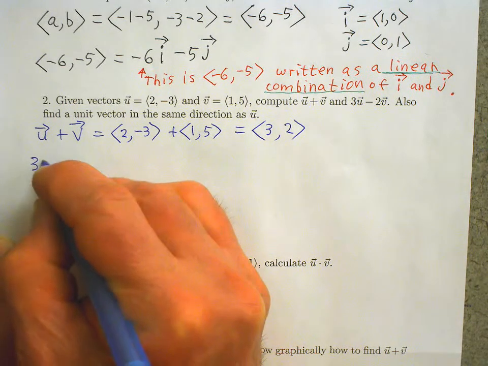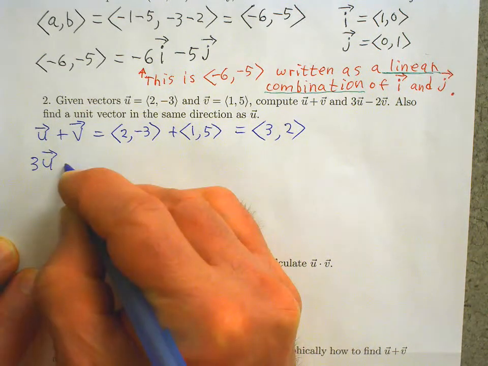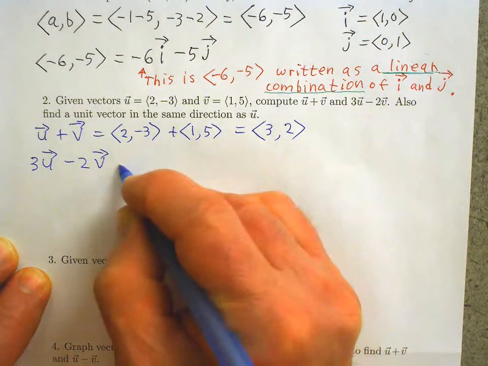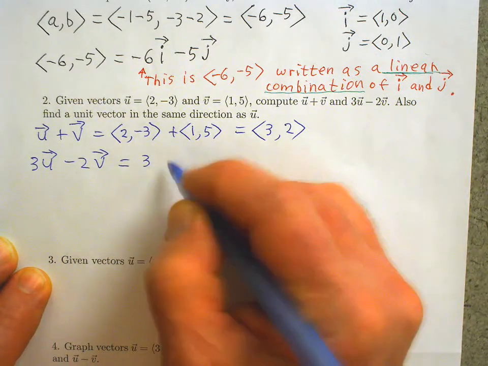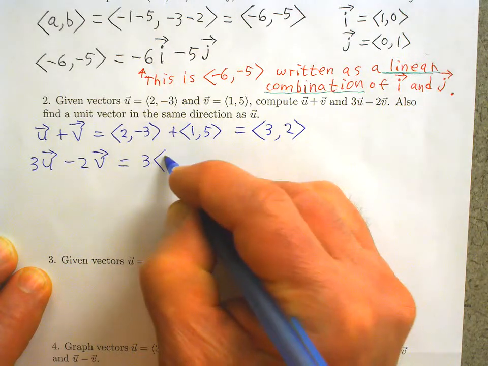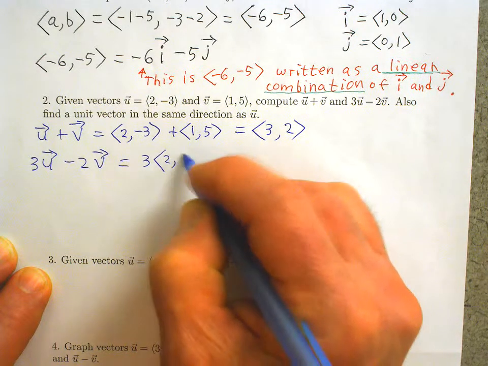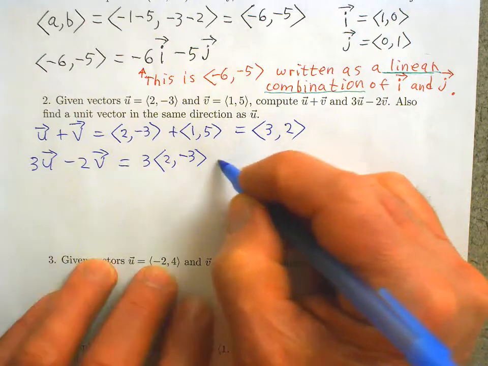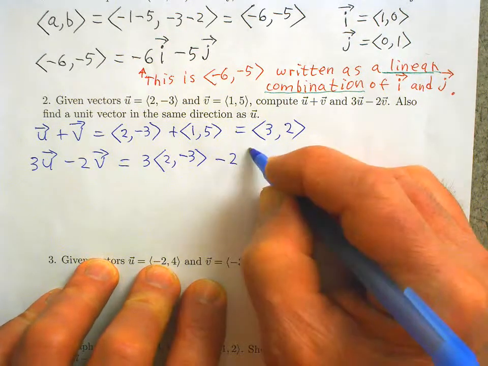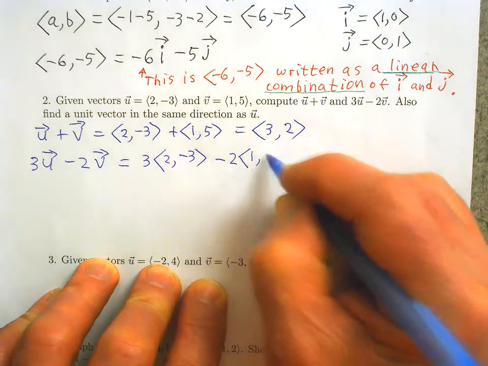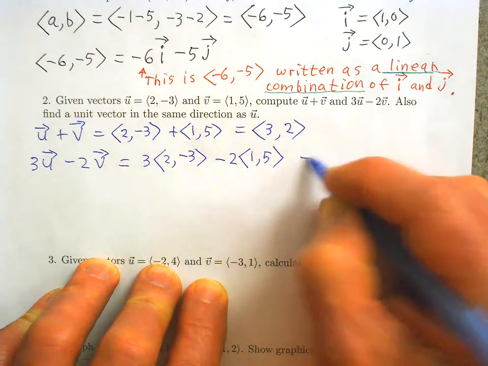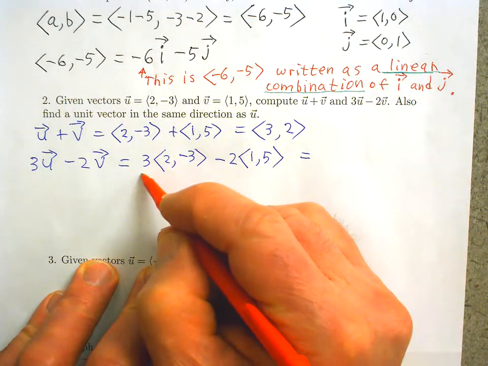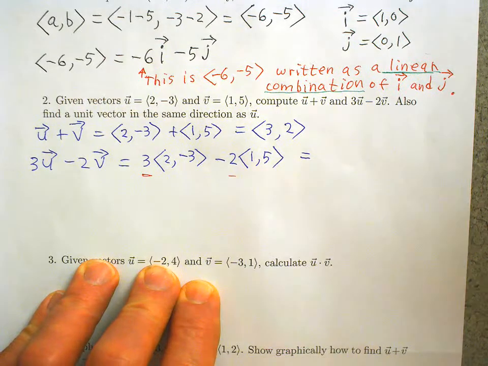3 times the vector u minus 2 times the vector v. So we can write this as 3 times the vector 2, -3 in component form, and then minus 2 times the vector v in component form. Okay, and remember how scalar multiplication works for vectors.